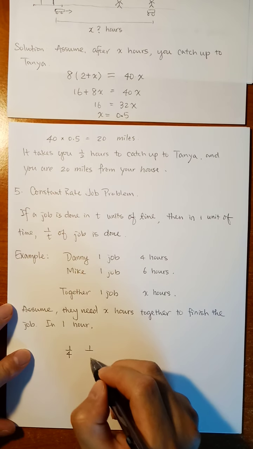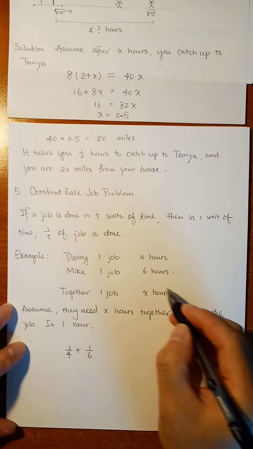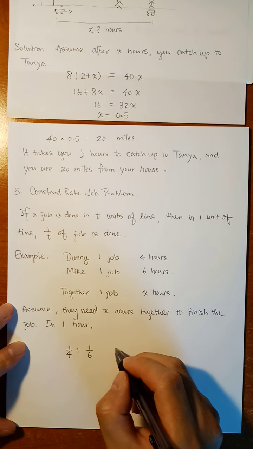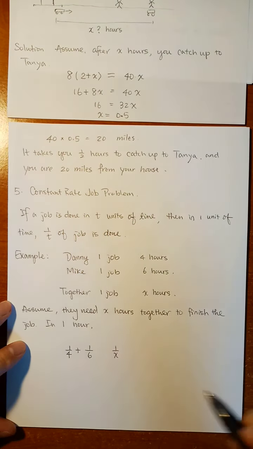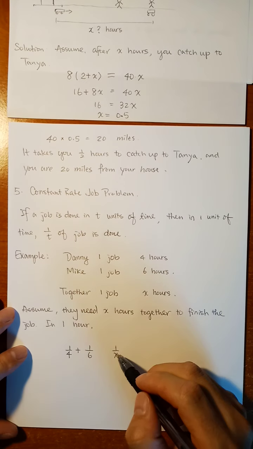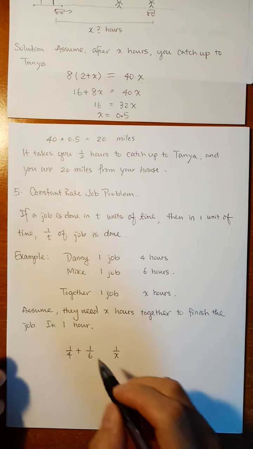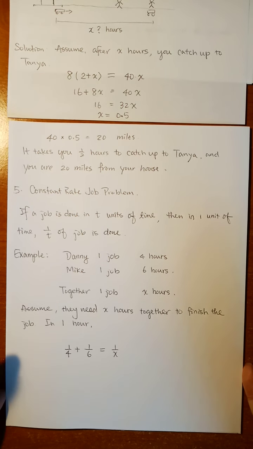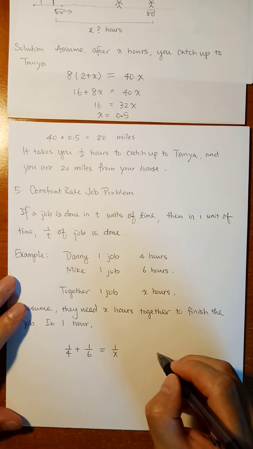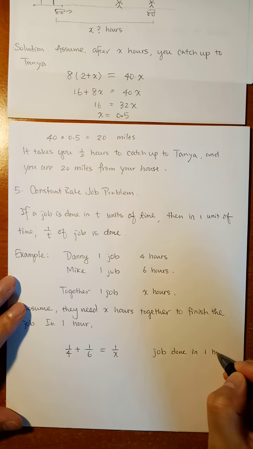Mike will finish 1/6 of the job. Working together in X hours, in 1 hour they should do 1/X of the job. And this is equal, no gain or loss of efficiency. That's the job done in 1 hour.